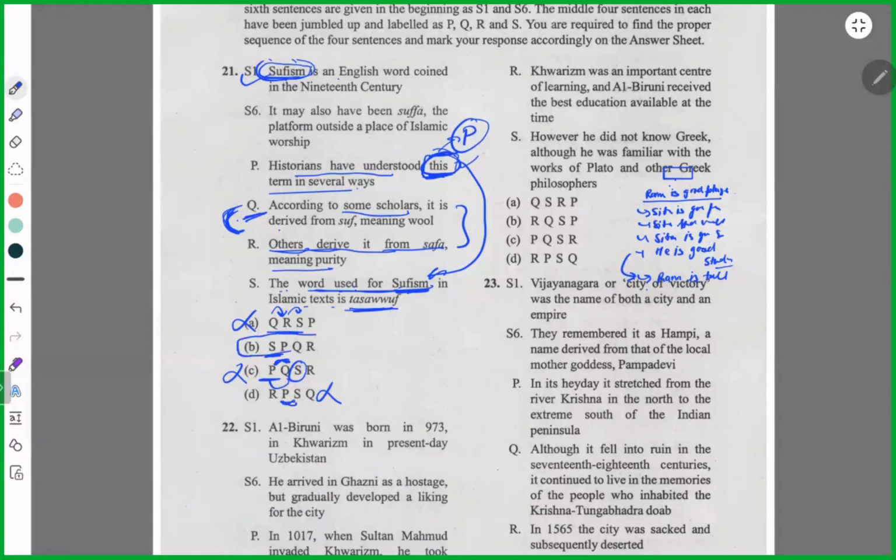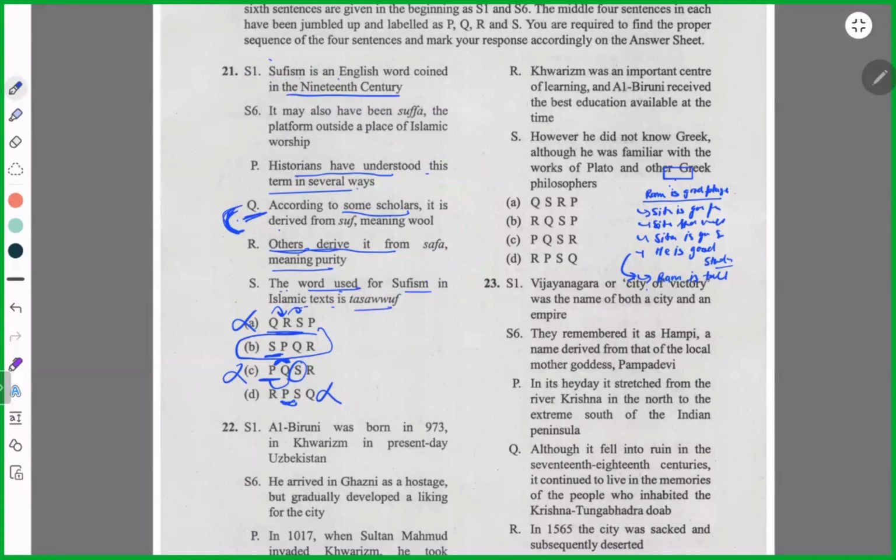So option B. Now let us match. Even in examination, I'm telling you one more thing: even after marking the right answer, if you found your right answer, just recheck it. We will recheck it, and you guys also tell me whether it makes sense or not. Now see, S: Sufism is an English word coined in the 19th century. The word used for Sufism in Islamic text is tasawwuf.